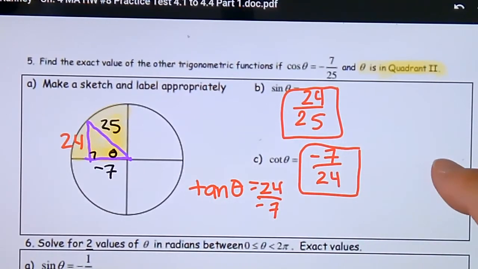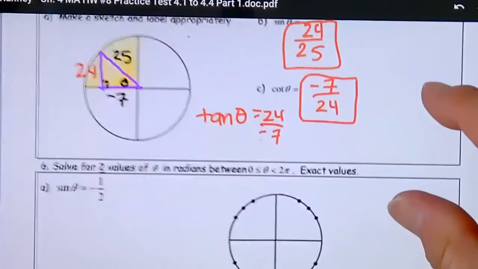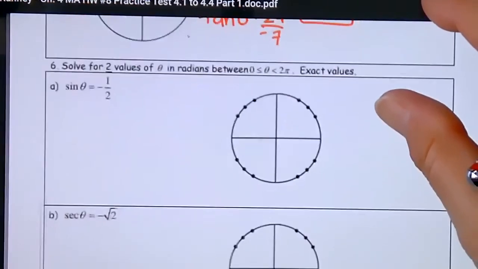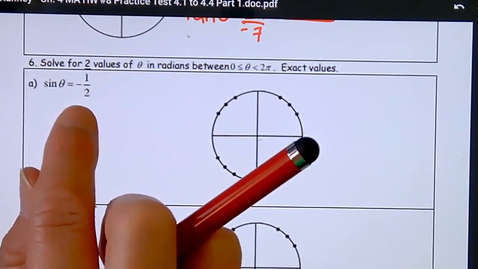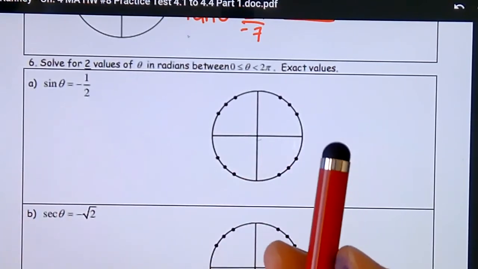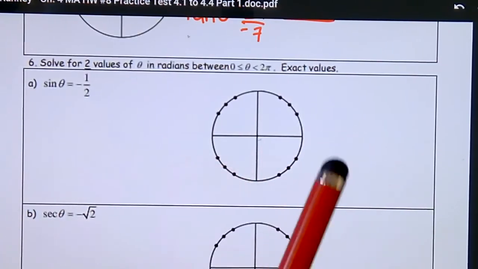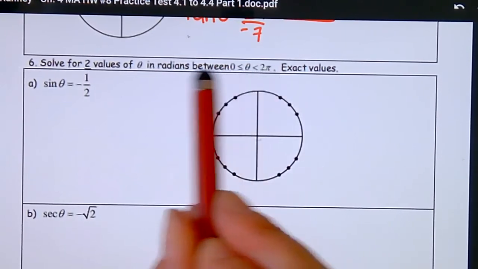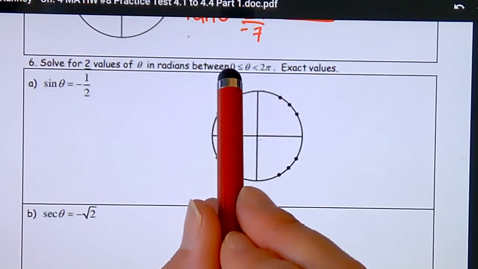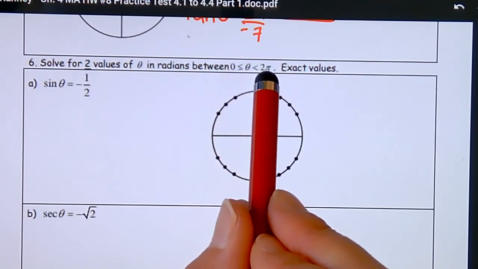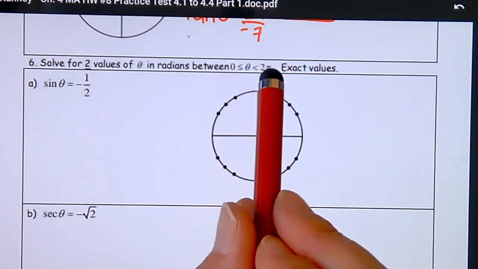Now, in the next ones, they are not telling us what quadrant it is. So when we see that this sine is negative, again, that's in two different quadrants. They want us to figure out the two angles. In radians, they write it here, but anytime they write it this way, it's radians. If they go from 0 to 360 degrees, then they want it in degrees.